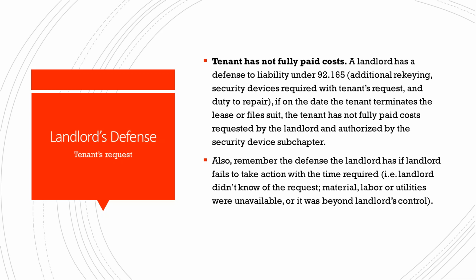And then, of course, also remember the defense the landlord has if the landlord fails to take action within the time required: those three things, the landlord didn't know, there wasn't sufficient material or labor, or it was beyond the landlord's control. So those are some of the landlord's defenses.